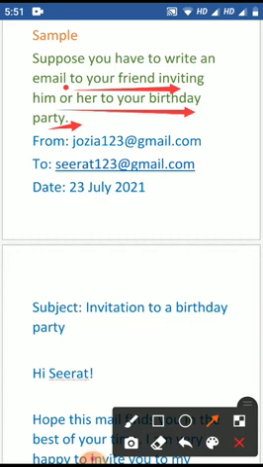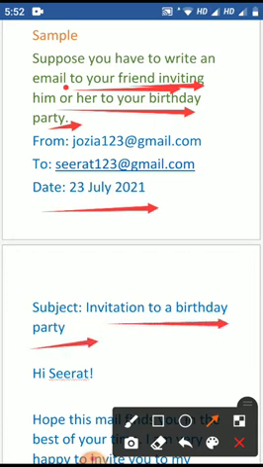To, Seerat is the receiver, here we have to give Seerat's Gmail account address, seerat123@gmail.com. Then date, then subject is invitation to a birthday party. We will write it, invitation to a birthday party. Then salutation, hi Seerat.